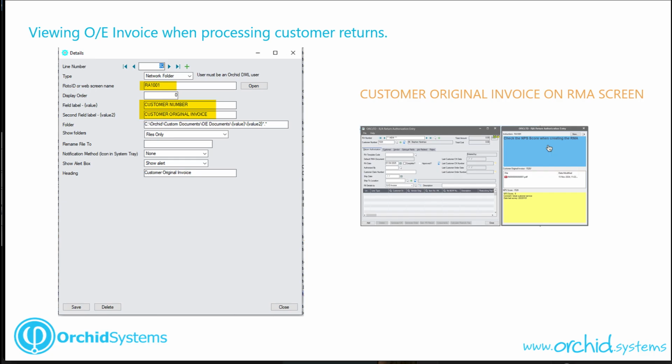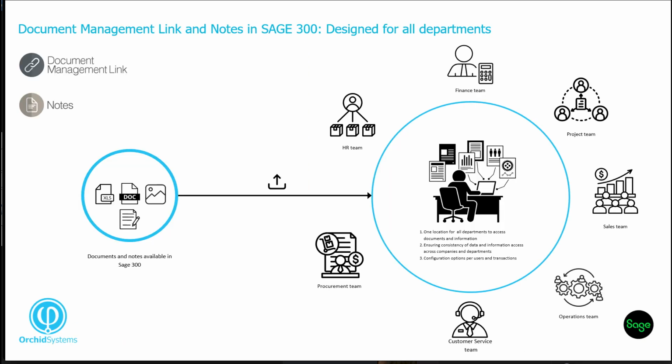So we've seen how we can view order entry invoice documents when processing a return. So hopefully this has given you some ideas as to how to use document management link and notes within the broad spectrum of potential users of Sage 300 in the various teams that need access to information and documents.